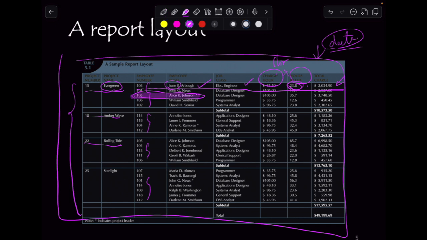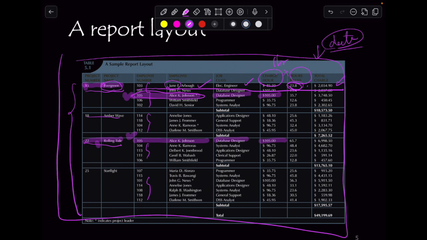So here, if you look at this Alice, Alice is working on the Evergreen project, but at the same time, this same employee 105, Alice, is working for the Rolling Tide project as well. So if you look at Alice's information, here is the name, and her job specification as database designer, and the charge per hour, 105, 105. And this kind of information is repeating because in two different projects we have the same employee, and this employee information is repeating, or it shows some redundancies. So we can see there are some problems with the redundancies.